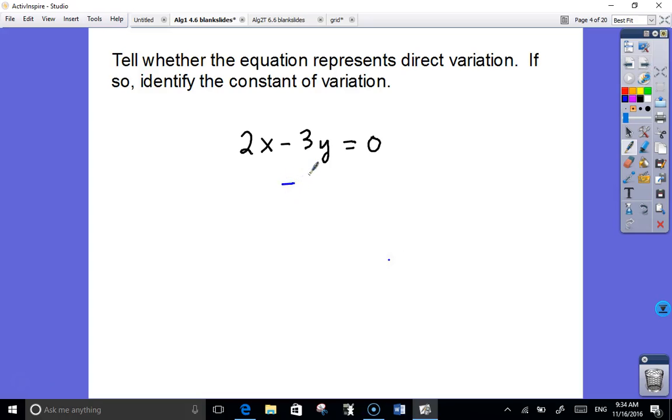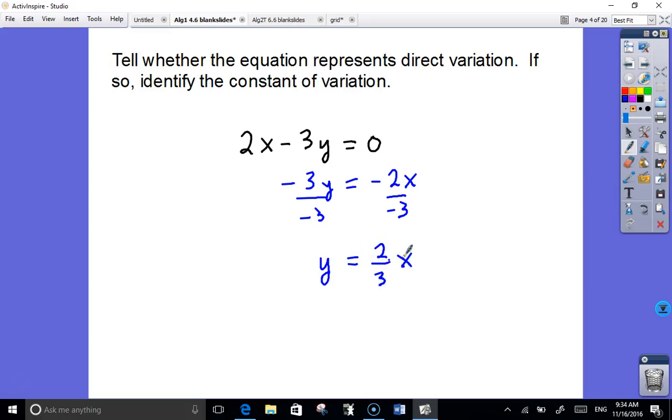If it's a positive on the left, it's a negative on the right. Okay, next. Divide by -3. Okay, so on the left we just have y. How does the right side simplify? Positive 2/3 x.